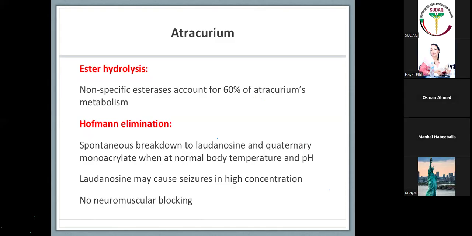Laudanosine has been mentioned in the literature as something that might cause seizures in high concentration, but I don't think it's clinically very significant. I haven't seen it. But it doesn't have any neuromuscular blocking activity.